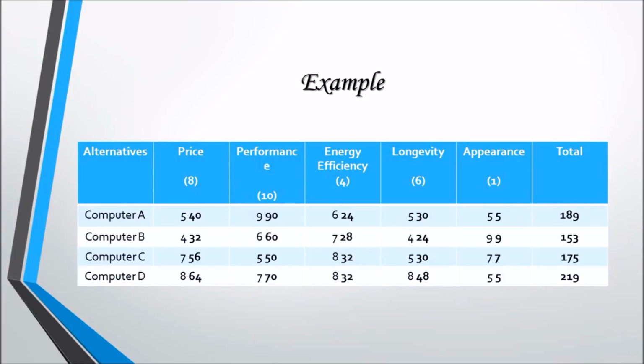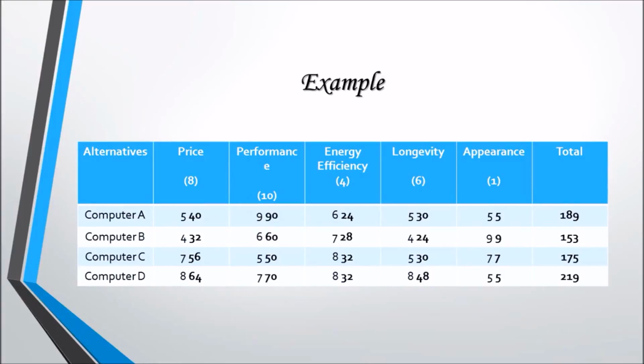As we can see, computer B has the lowest value. The price is the lowest, but the performance is not that good compared to the other computers. And also the energy efficiency is pretty good, but the longevity is quite bad or worse than other computers. Even though the appearance is good, we would not choose this computer.